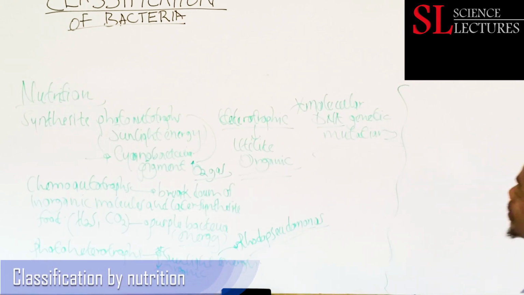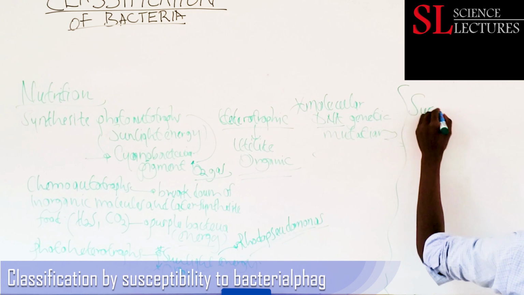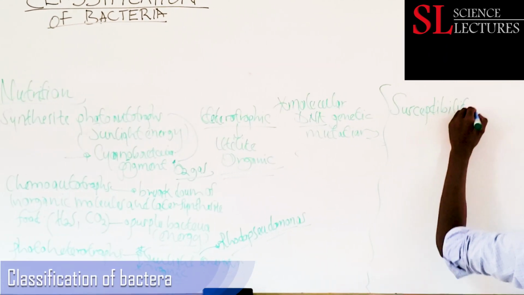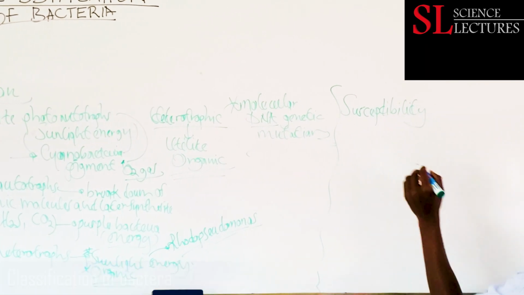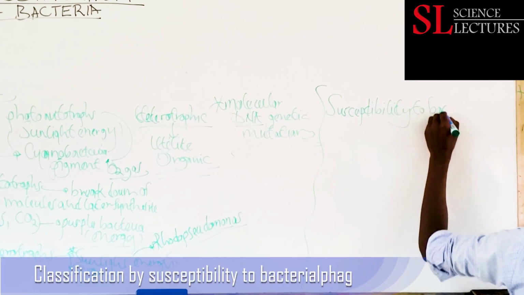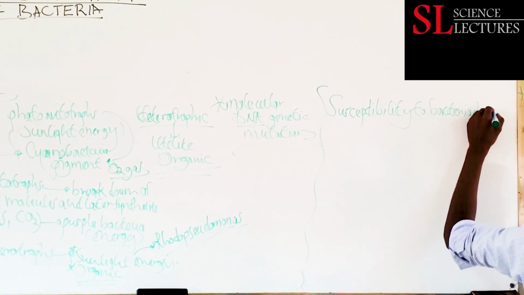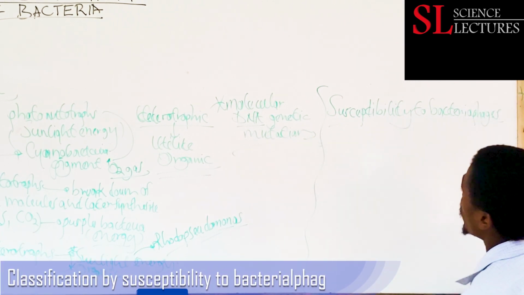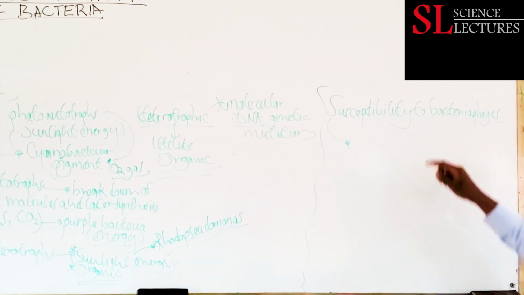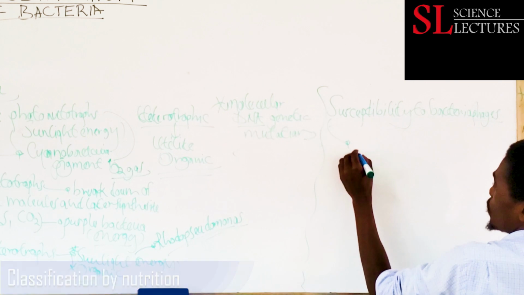Also classify these bacteria basing on their susceptibility, or how they are predisposed. Susceptibility to bacteriophages. Susceptibility is like proneness. What are bacteriophages, first of all?